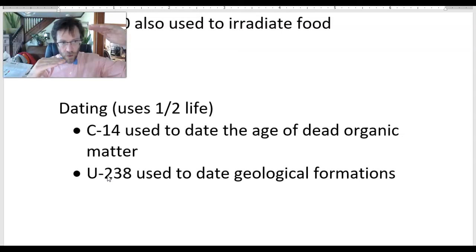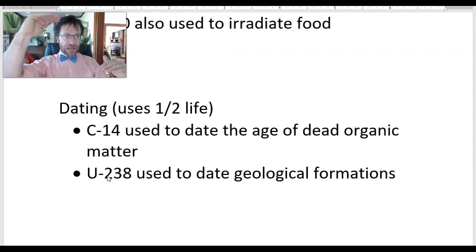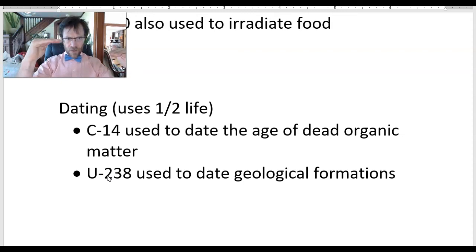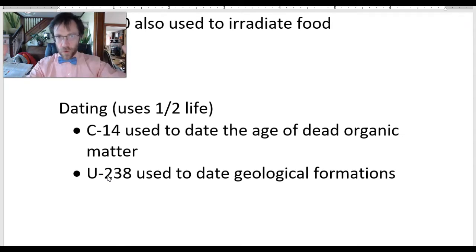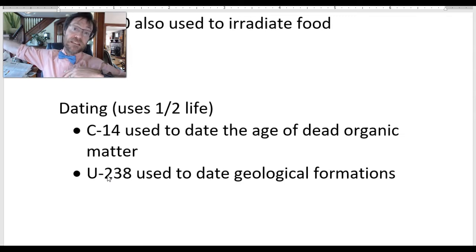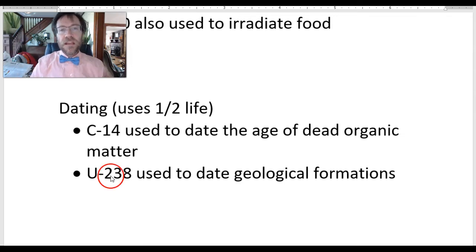So that ratio of uranium-238 to lead gets lower and lower over geological amounts of time. But that's a lot of time, way more time than humans. So, of course, it's not going to make sense to humans. We only live for maybe 100 years. The mountains, way more than that. So that's how we date geologic formations, with uranium-238.